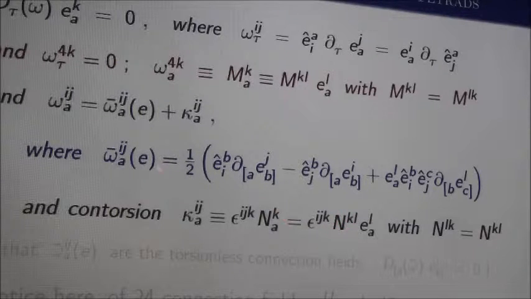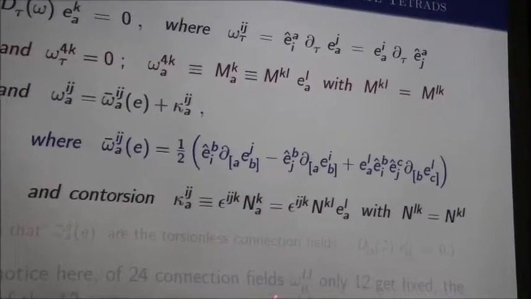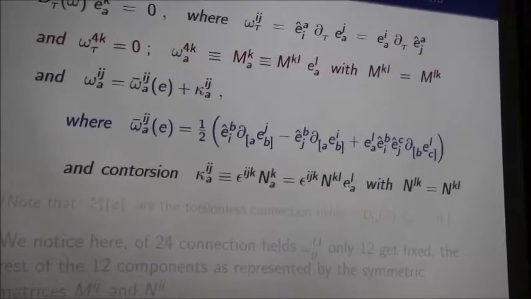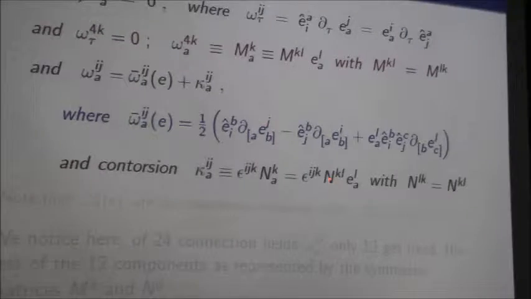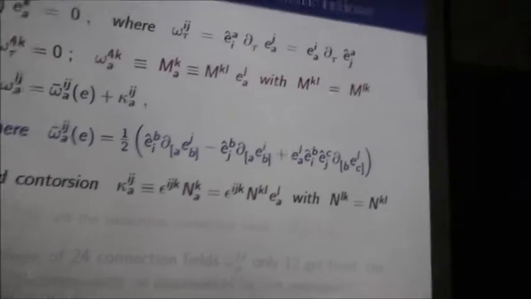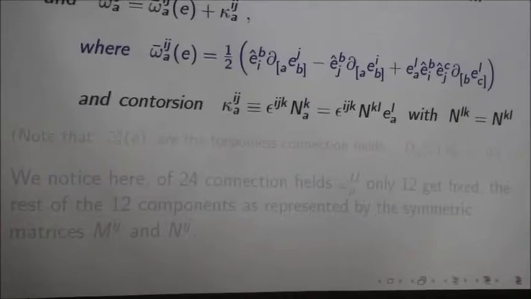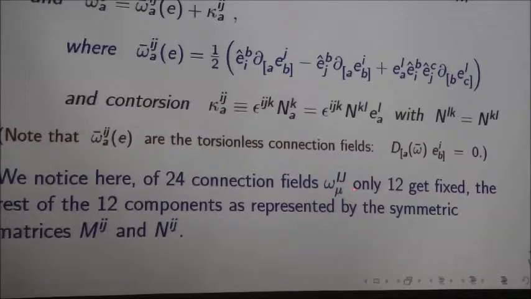But again, when you put this back in the equations of motion, what it tells you is that N_{kl} cannot have an antisymmetric part. So N_{kl} is symmetric. So what has happened is that this set of equations of motion has fixed all the connection components except the 6 in the symmetric M_{kl} and 6 in the symmetric N_{kl}. So 12 are not fixed, everybody else is fixed. We notice here that of 24 connection fields, only 12 get fixed.